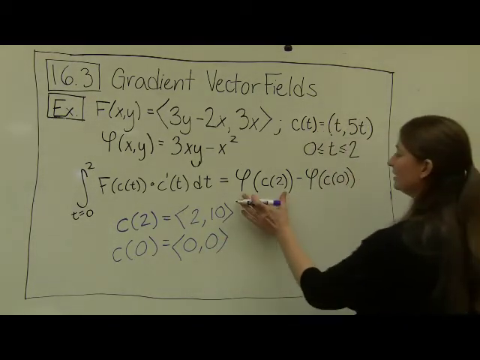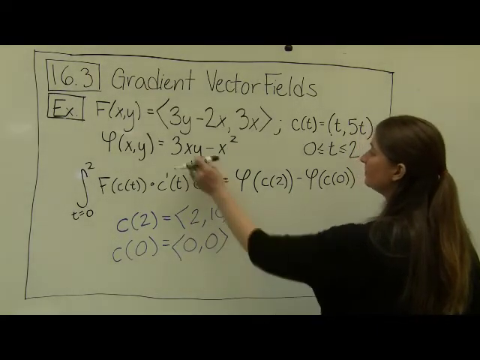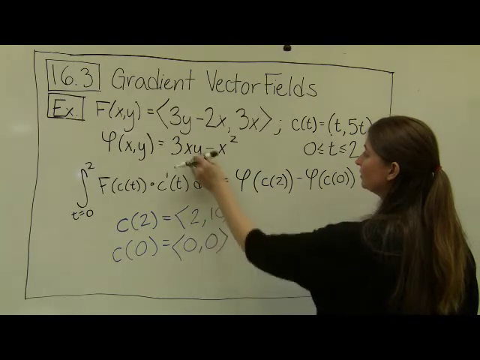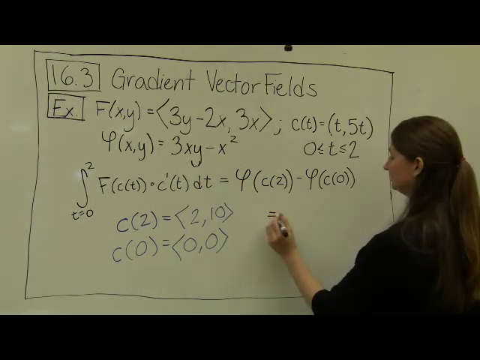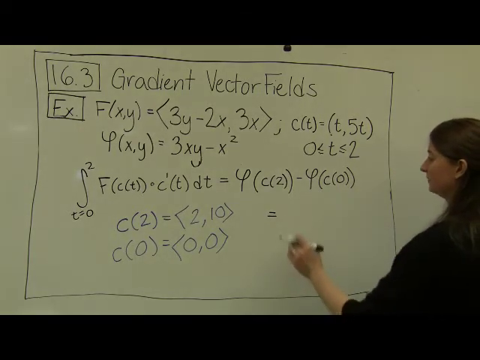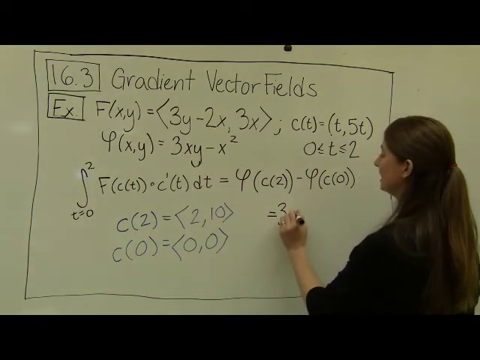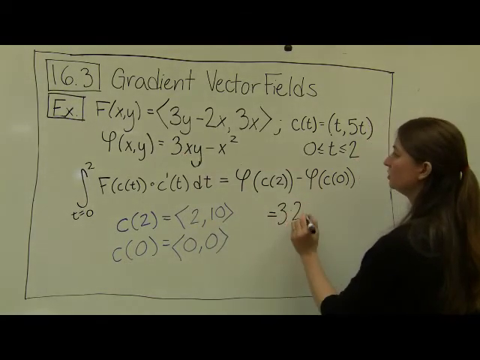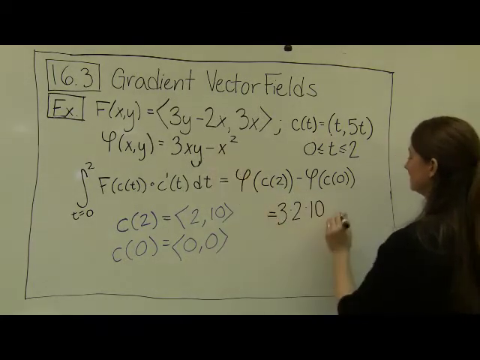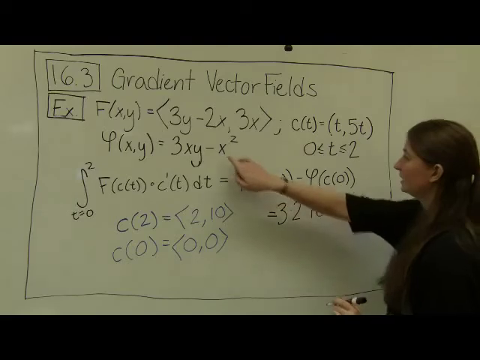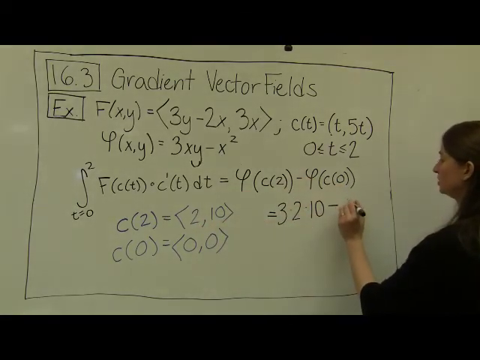And now let's evaluate phi at c of 2. So I'm plugging in 2 for the x component of phi and 10 for the y component. I see that phi of c of 2 is going to be 3 times the x value, which is 2, times the y value, which is 10, minus the x value squared, which is 2 squared, which is 4.